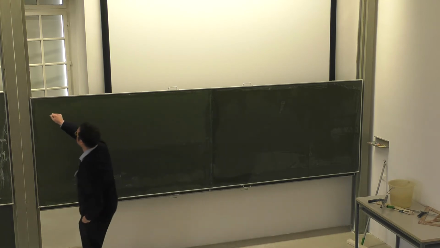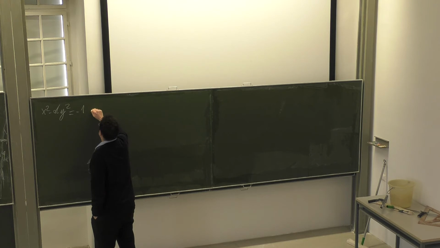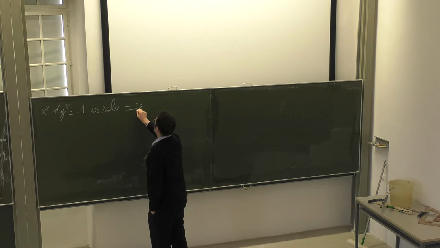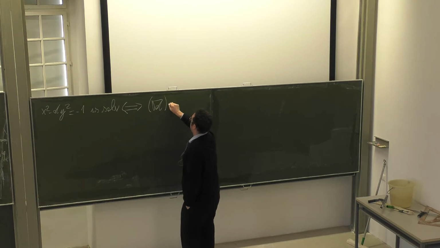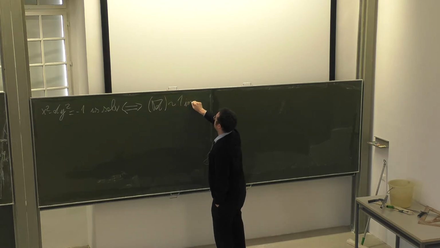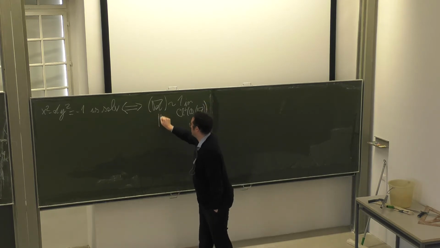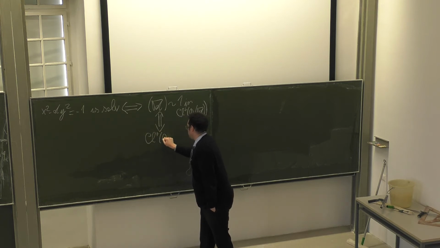Well, that's quite elementary. x squared minus d y squared equals minus 1 is solvable if and only if root d is trivial in the narrow class group of Q(root d), which is equivalent to the fact that the narrow class group is actually equal to the ordinary class group.